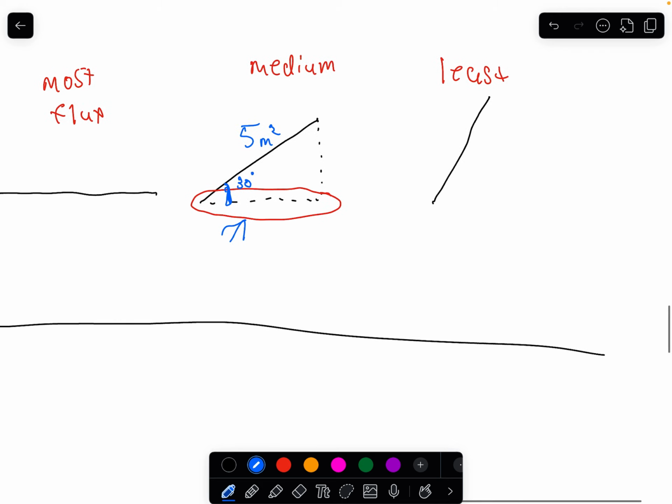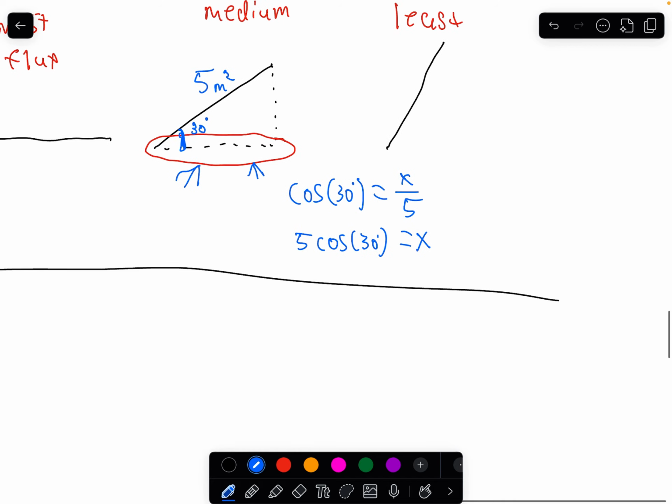You could say that cosine of 30 degrees equals adjacent, which would be this, over hypotenuse, which is the 5, so x over 5, aka 5 cosine of 30 equals x, and then cosine of 30 is going to be radical 3 over 2, so you'd have x equals 5 radical 3 over 2.